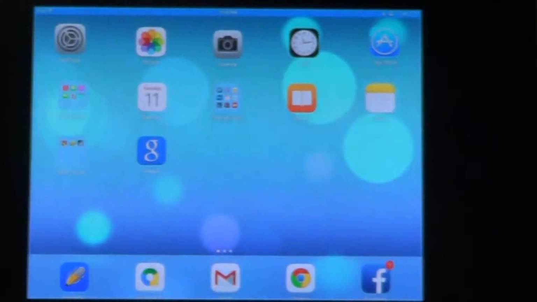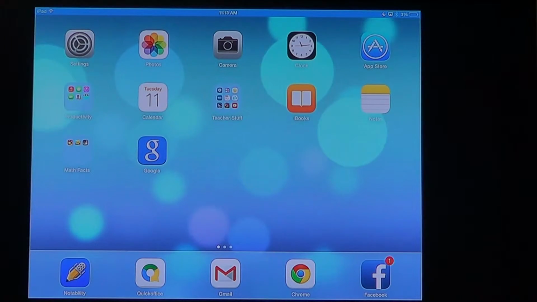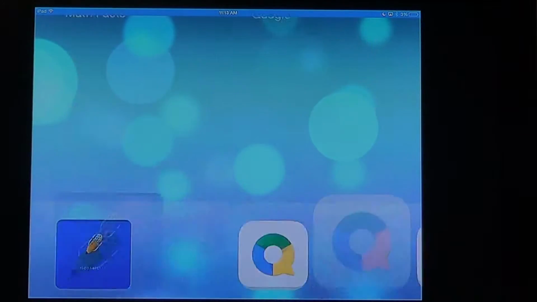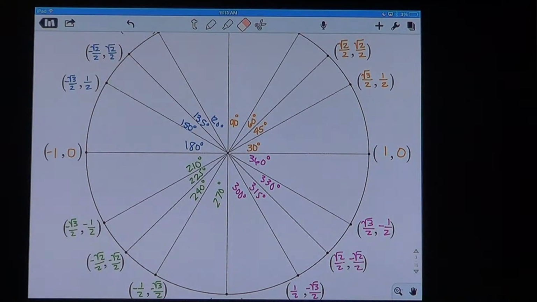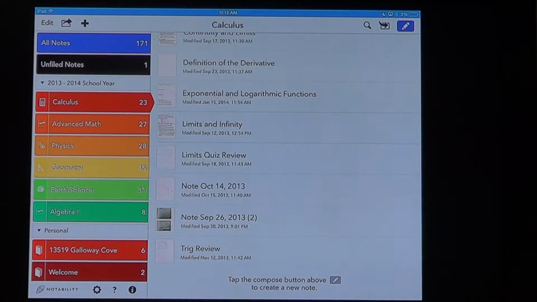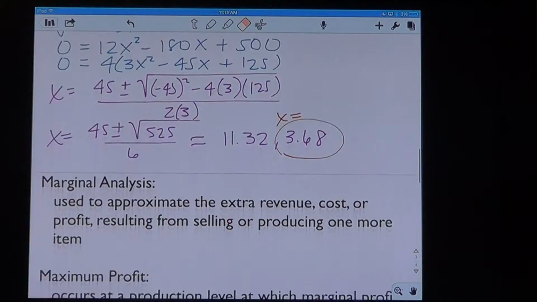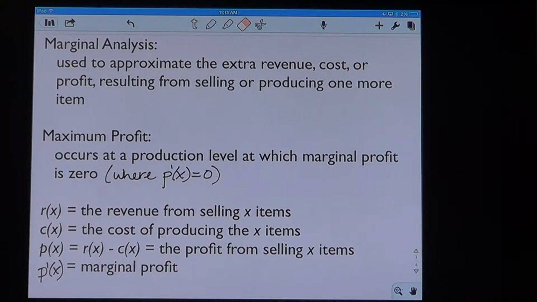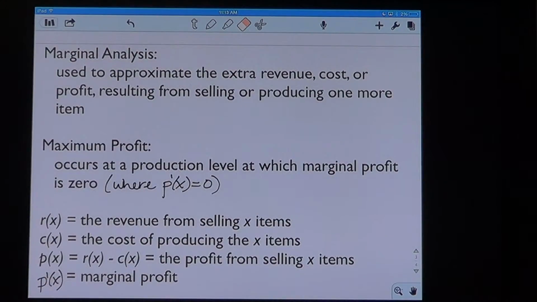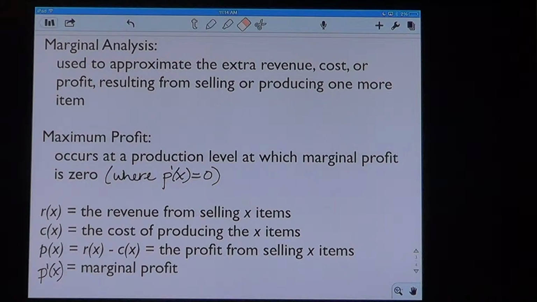This is dying, so hopefully it lasts long enough. So add those onto your notes, and then we'll talk about number 4, which was about profit.